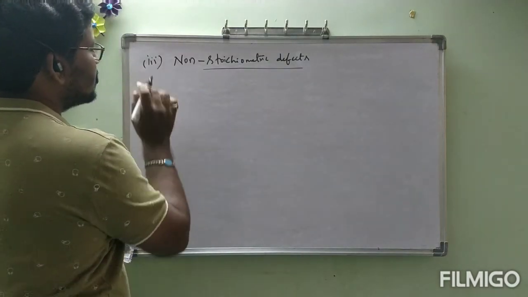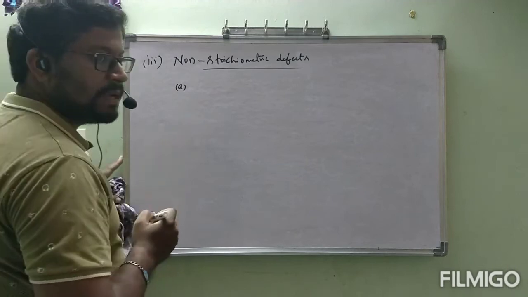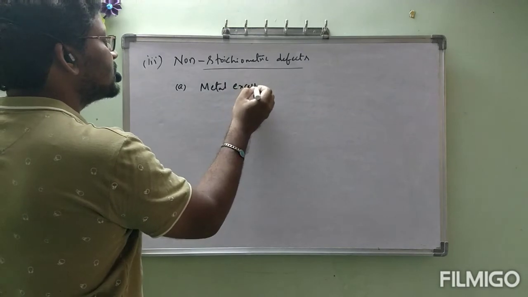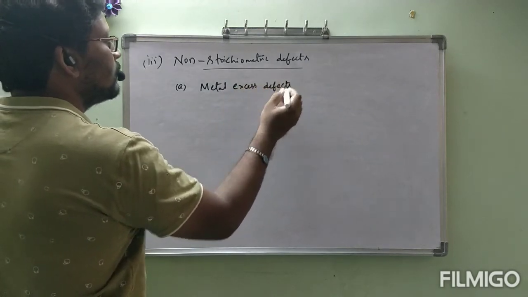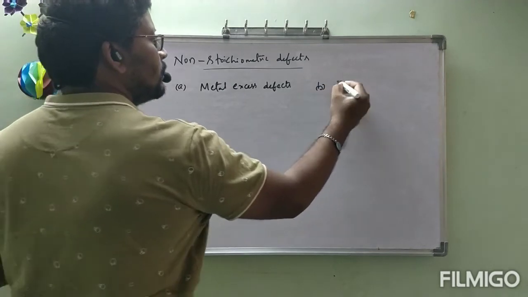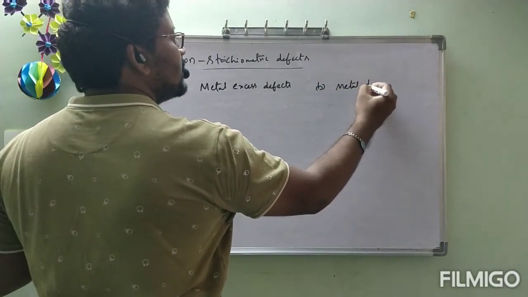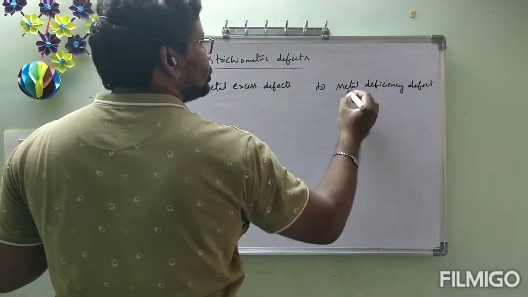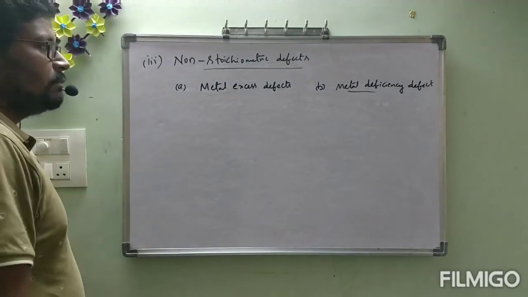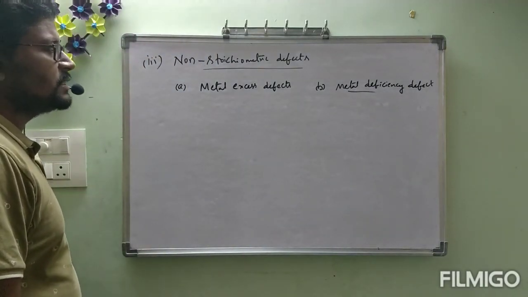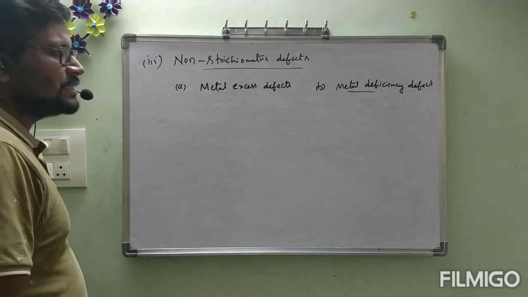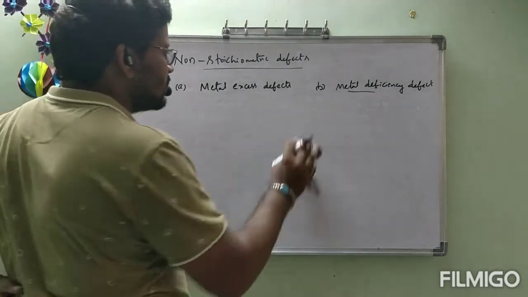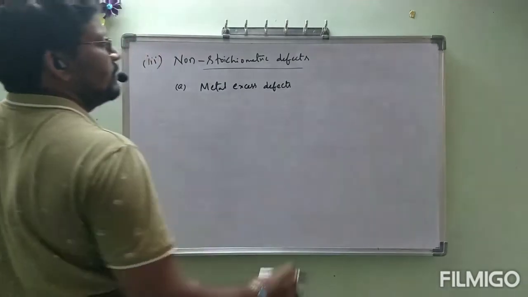Mainly, under this, we have two types. Those are A, metal excess defects, and B, metal deficiency defects. Mainly two types are there under non-stoichiometric defects. Now first I am going through metal excess defect.